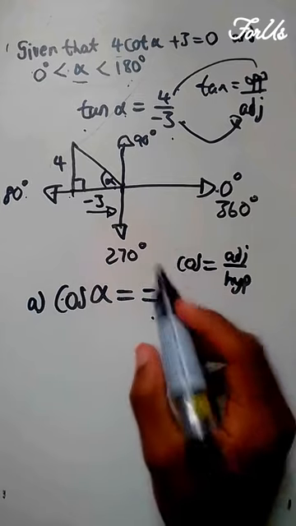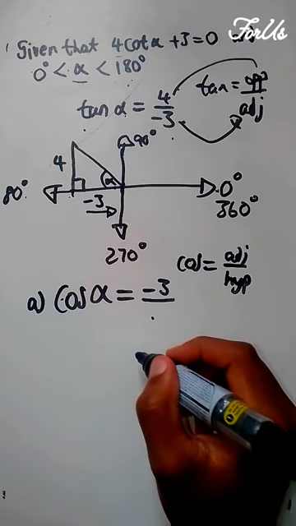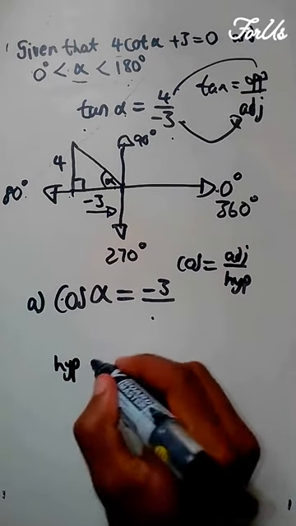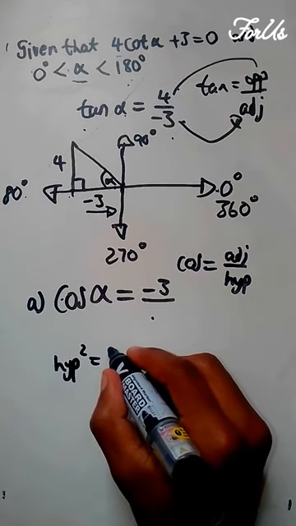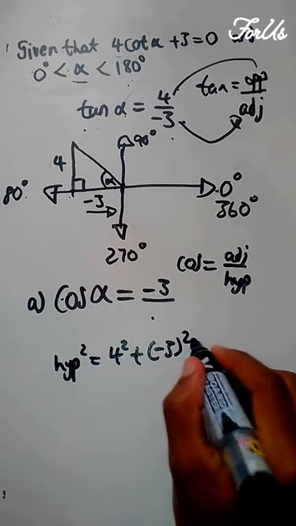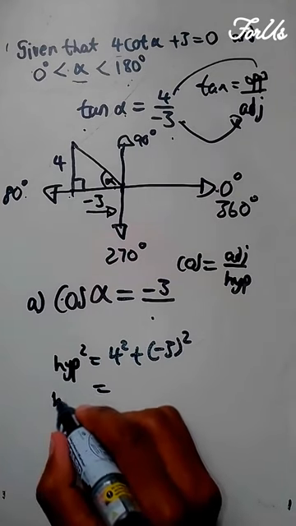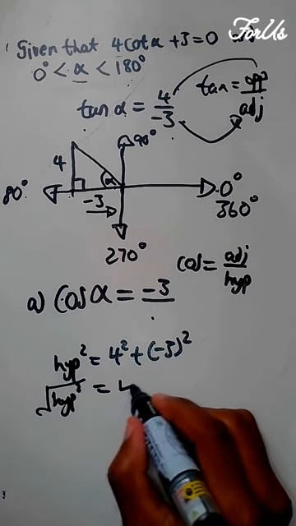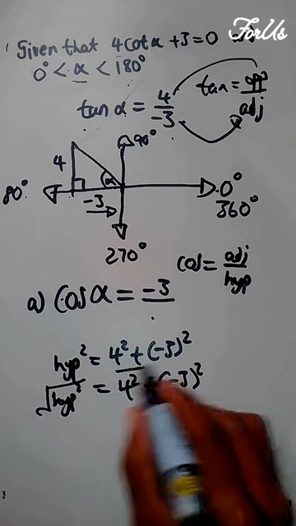We don't have it. We can find it using the theorem of Pythagoras. If we are looking for this hypotenuse side, the hypotenuse squared is the same thing as 4 squared plus negative 3 squared.